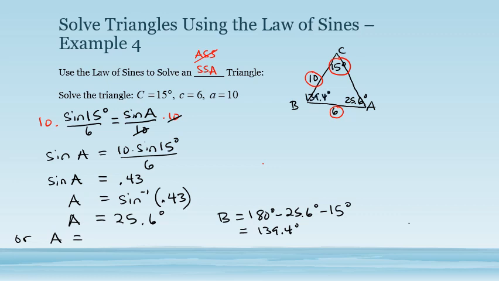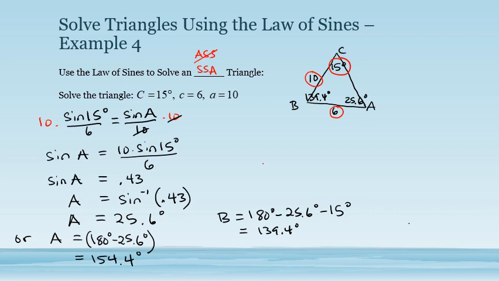Now I skipped about. Let me come back to angle A. One thing I forgot to say is, okay, 25.6 degree angle is going to produce a sine of 0.43, but the other possibility is going 180 degrees and subtracting out 25.6. That will also give me an angle that produces a sine of 0.43, and that's 154.4. Now in the last slide we threw out the number that we got because it was too big.